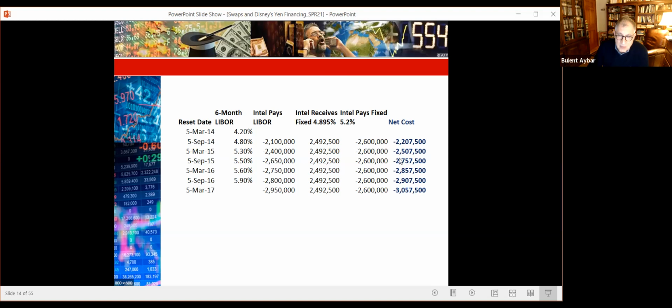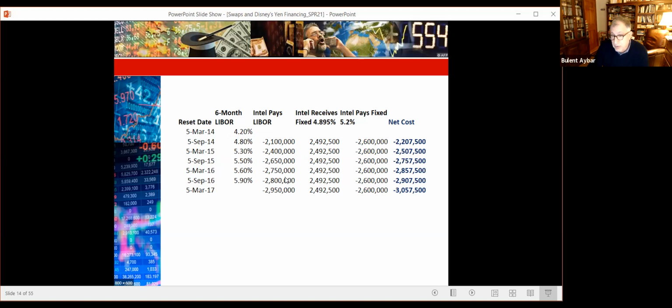Of course, when the deal is initiated, we only know the next payment. In this case, assuming that we know what the LIBOR rate is on the date of the deal, we would know this cash flow. But all of the other cash flows on the floating side are going to be determined by the LIBOR rates that transpire on these reset dates.